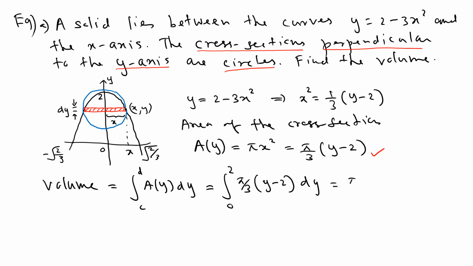This is a very simple integral. I think there's a typo earlier, so this has to be 2 minus y throughout. If you integrate, you get 2y minus y squared over 2, times pi over 3, evaluated between 0 and 2. When you plug in 0, it is gone.